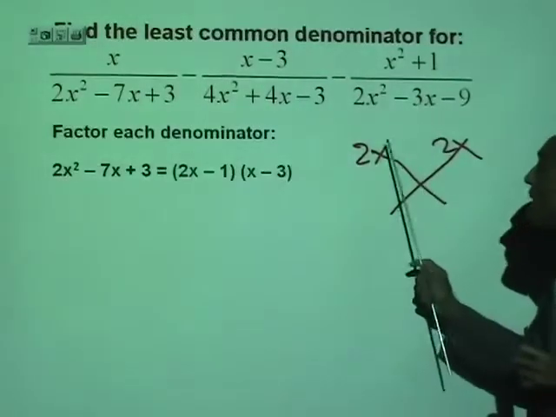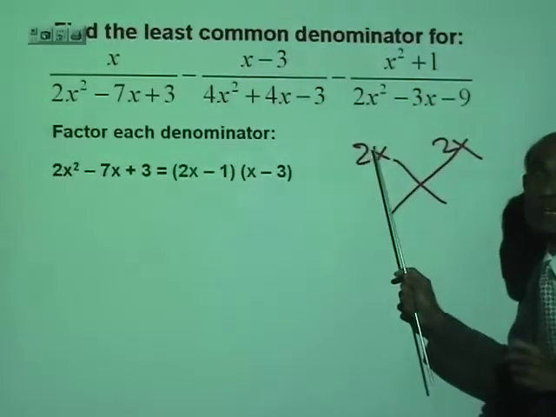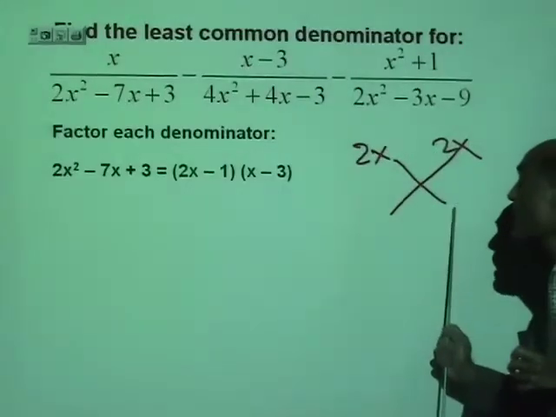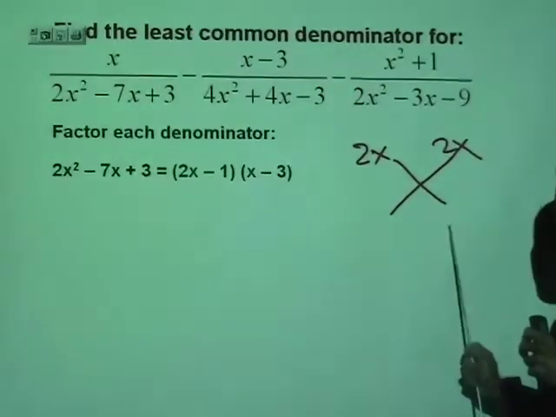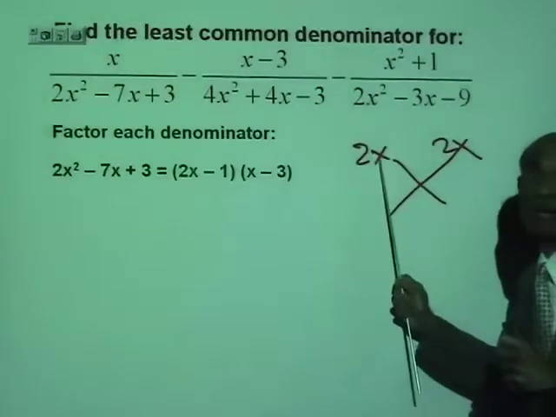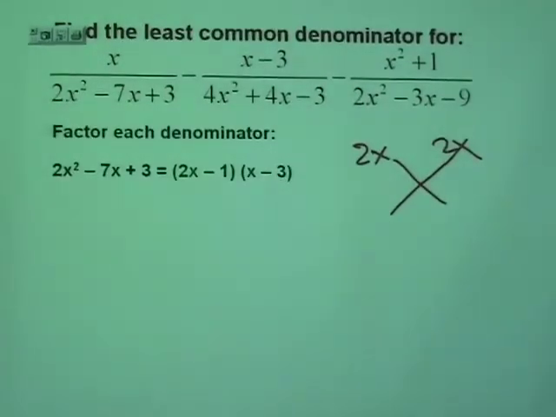And where do I write the positive 3? If you remember, I said 3 times 2 is 6. I must have the positive 3 here so that I can multiply that with the 2x. So I'm going to have the positive 3 here and the negative 1 below the other 2x.